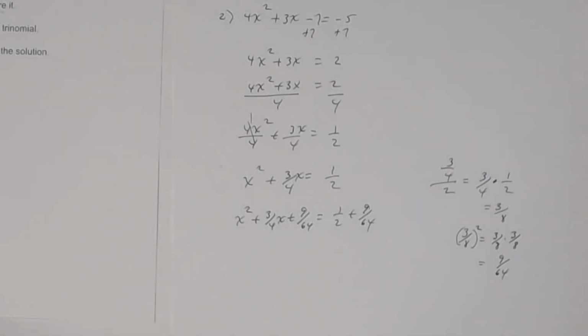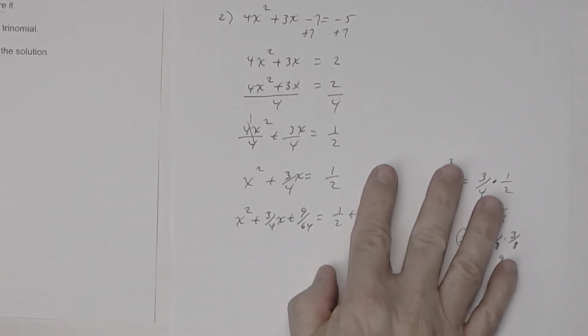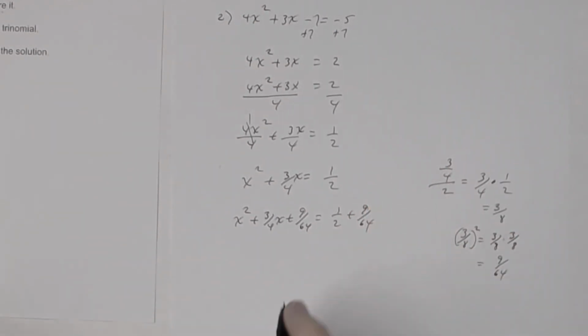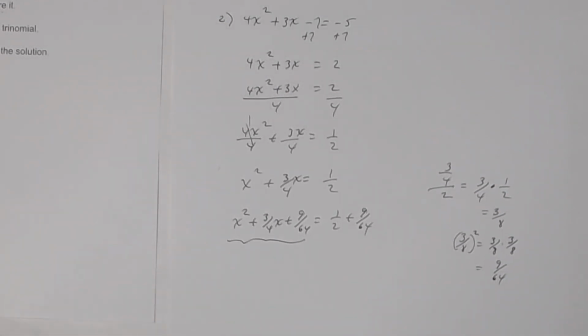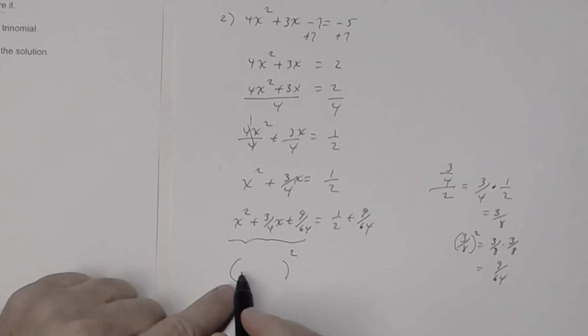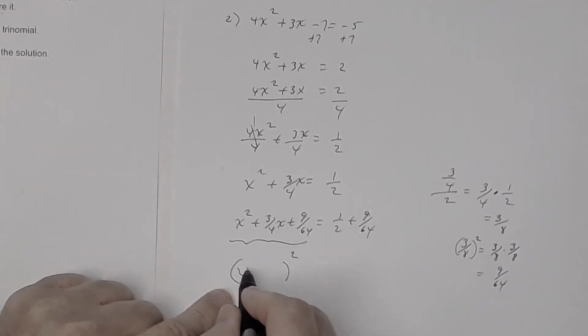Okay? All right, now if you did all this work right here correctly, then this should now be a perfect square trinomial, meaning that you can write it as a binomial squared. And it's easy to do. So you all know what this is going to be, because this is just x squared. So this has to be x, right?